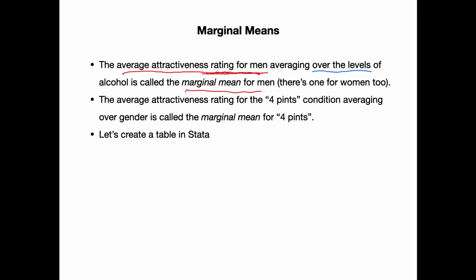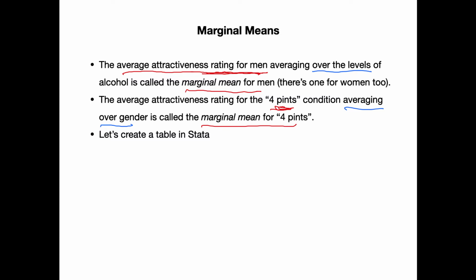The average attractiveness rating for the 4 pints condition, averaging over gender, is the marginal mean for 4 pints. Now these are just 2 examples. We could do one for 2 pints or none, and we could do one for women and that sort of thing. So you can get any of these marginal means. But when you hear the term marginal means, know that something has been averaged over.